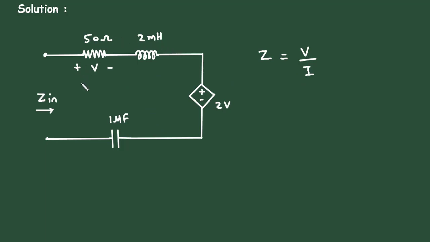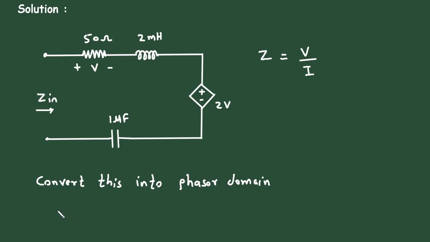But first of all, we need to convert this into its equivalent phasor domain format, because currently this is in time domain format. So here, convert this into phasor domain.